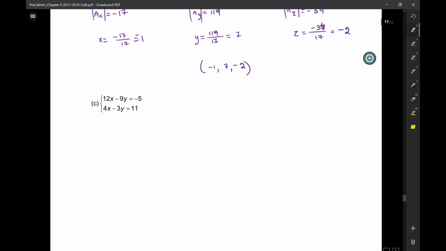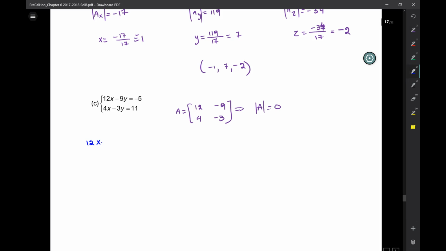Okay. So here we go. Same thing here. Right. The determinant of A here is 0. So it's no solution. And look, even if you solved it like algebra 1 ways, right?